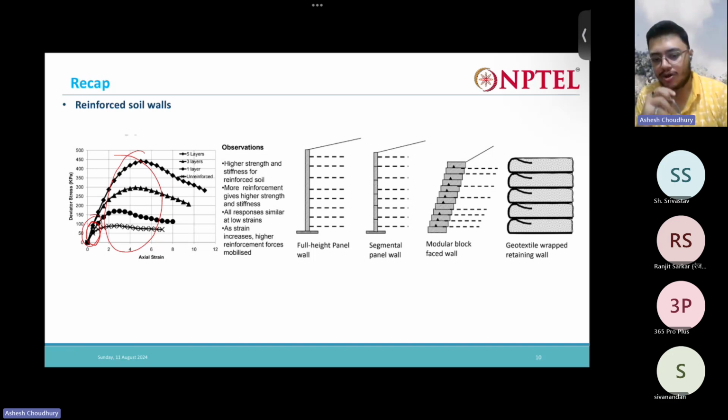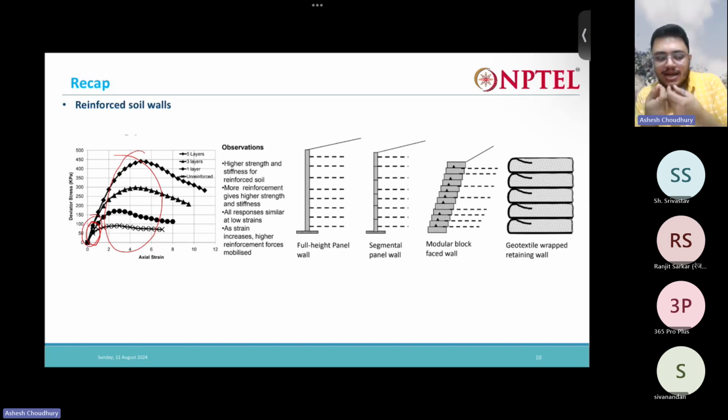Why is it happening? Because at that time the soil itself is only taking the load, isn't it? The soil is taking the load. That load is not yet transferred to the reinforcement. Why is it not yet transferred? Because the strain mobilization has not yet occurred in the reinforcement. For load to get transferred to the reinforcement, what has to happen?